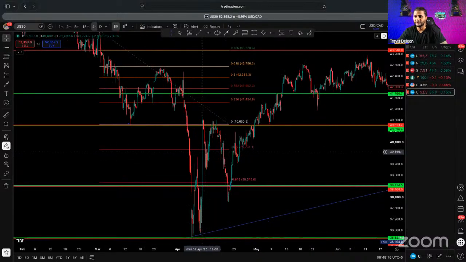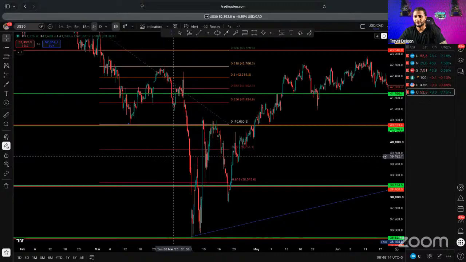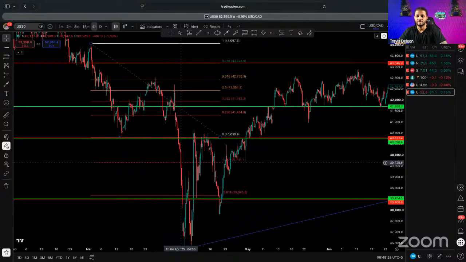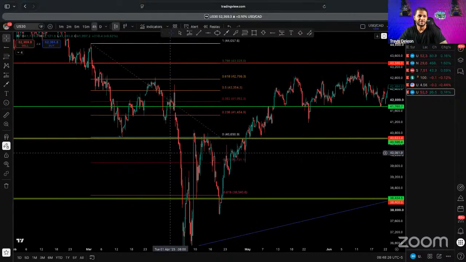Even though these levels are take profit levels, and you can use them to take profit, I don't really use those levels to take profit, even though they're a good indication that price may come to this level. I take profit on my weekly supply and demand zone. So that's where I take profit.